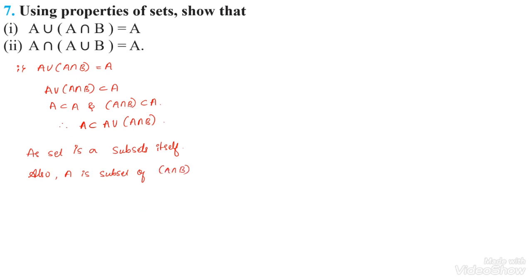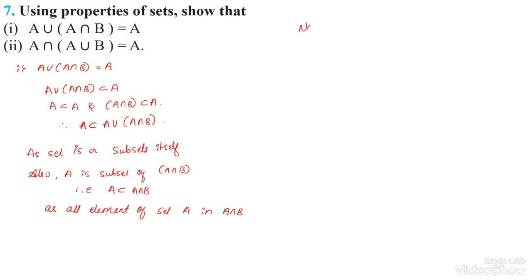It means A is a subset of A intersection B, meaning A belongs to A and B, as all elements of set A are in A intersection B only.